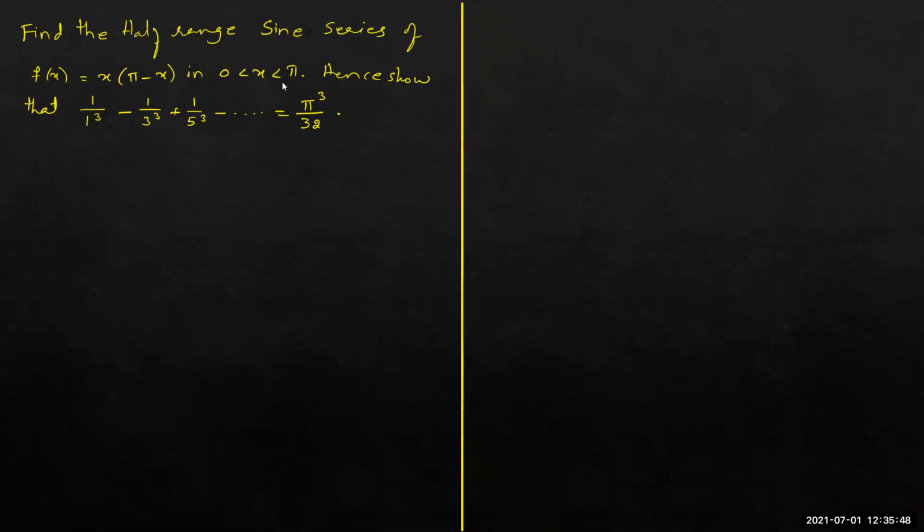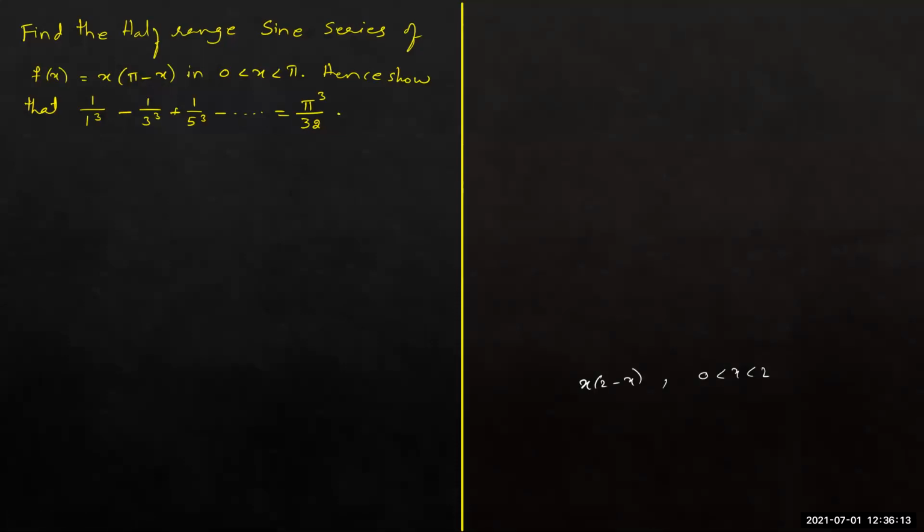A few days ago, probably yesterday or the day before, we were doing this problem when you were given a function like x into 2 minus x. When it is x into 2 minus x, the interval was 0 to 2. Look at that carefully. This is a similar question actually.